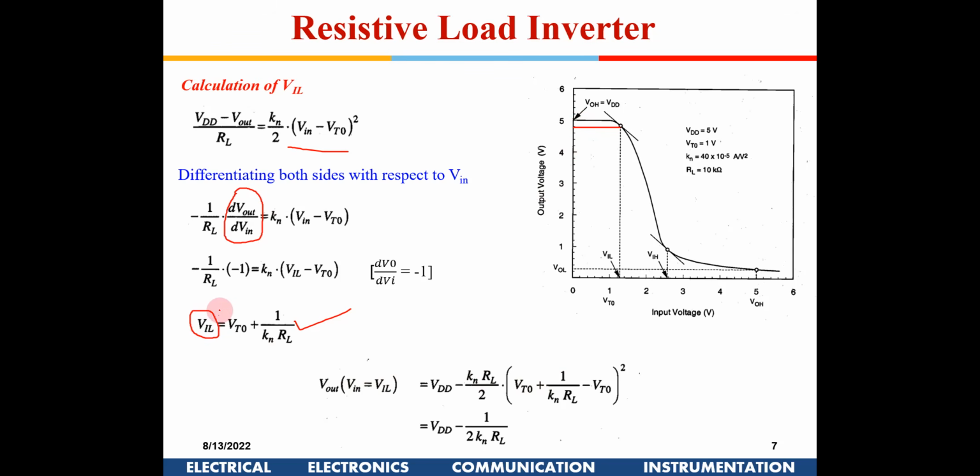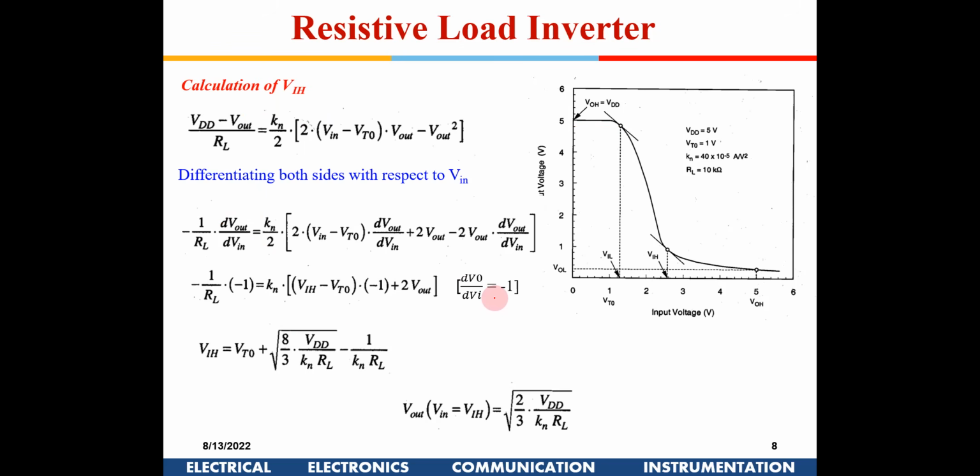Then this computed value of VIL, if I put it in this equation, V out is not known, right? Now we have found V in. So if I put this V in, which I have computed, into the equation on the top, I can get V out as this. Okay, I hope it is understood till here.